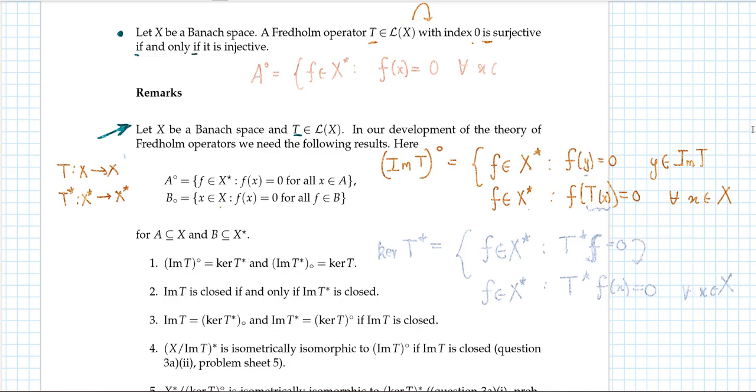But this just means that all of those f in X star such that (T star f)(x) equals 0. And I know that it is the same when f(Tx) is equal to (T star f)(x). That's the condition for the Banach adjoint, and thus I can say that the annihilator of the image of T is equal to the kernel of T star.